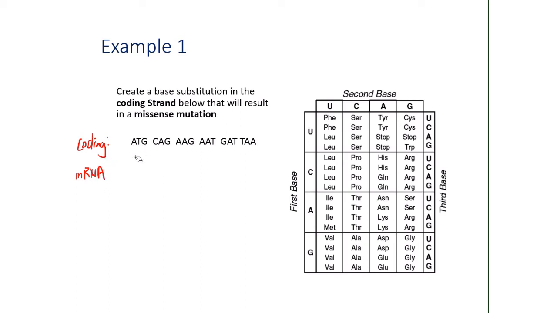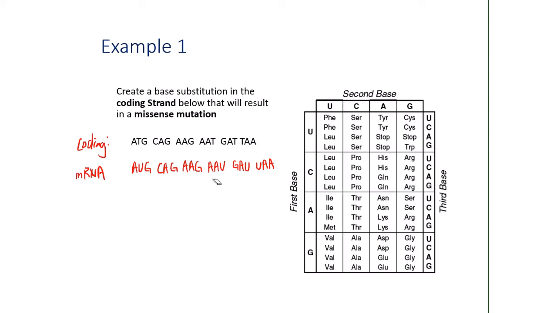So if this is coding, then the mRNA is going to be the exact same thing, but you have to replace the T with the U. Okay, if you're still not familiar with this concept, you should go back to the previous video and take a look again. Make sure you understand the relationship between the coding strand and the mRNA strand. So here we are, and we want to have a missense mutation.